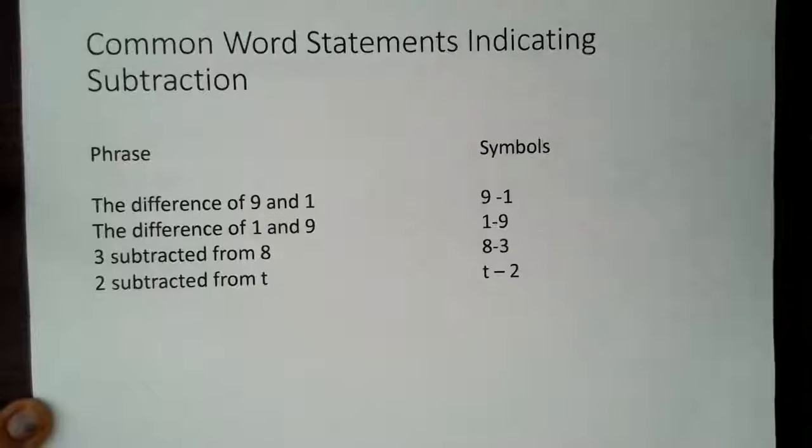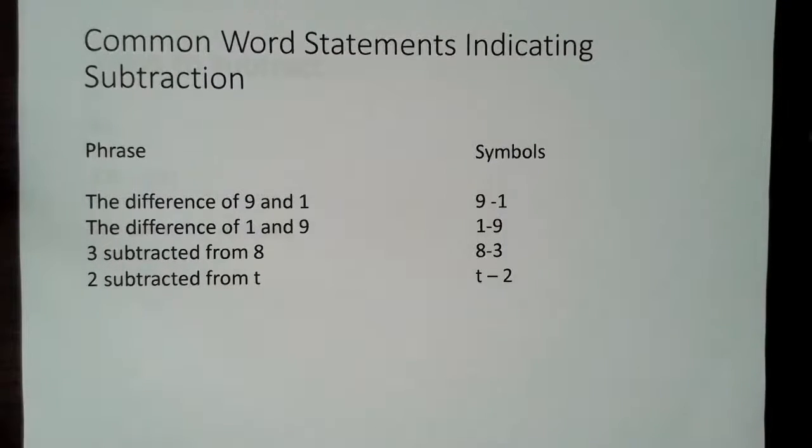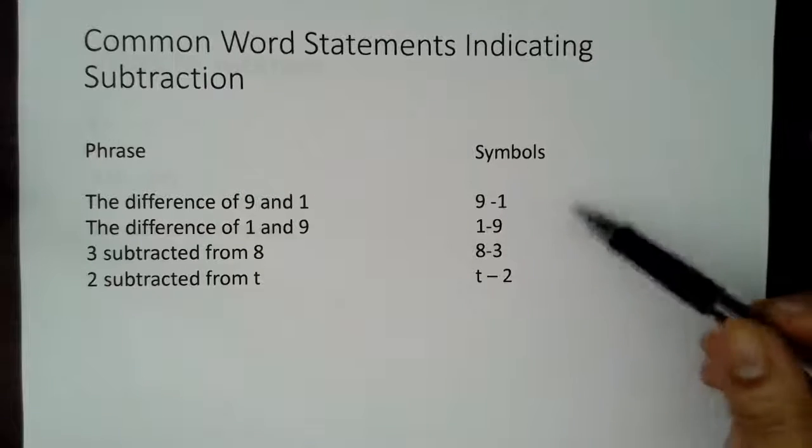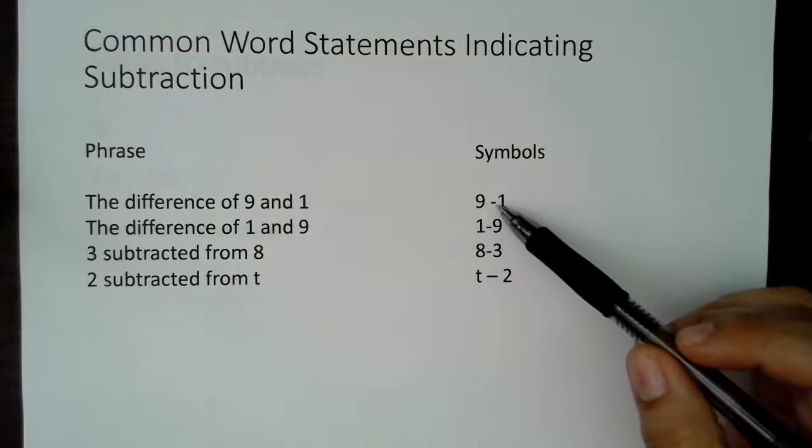Okie dokie. So let's talk about some common word statements that indicate subtraction. If you say the difference of 9 and 1, 9 comes first and then 1, so 9 minus 1.